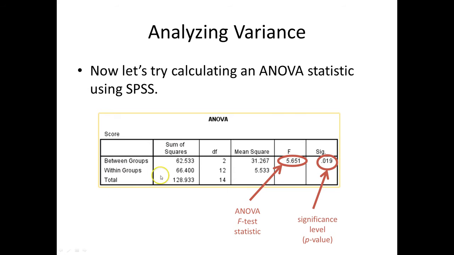The computer did it for you though. So you get the between, within, total, divide by the degrees of freedom, that gives you the mean squares. You divide 31 by 5, and you get your 5 right here. The computer does you the favor of looking up the associated p-value, in this case 0.019, which is under 0.05, so we conclude that yes, there's a significant difference between the groups.